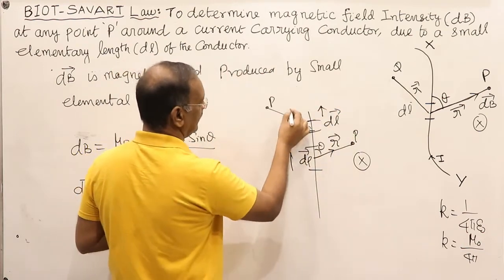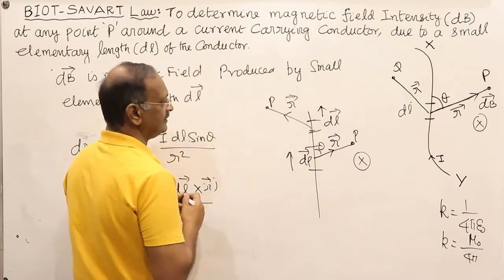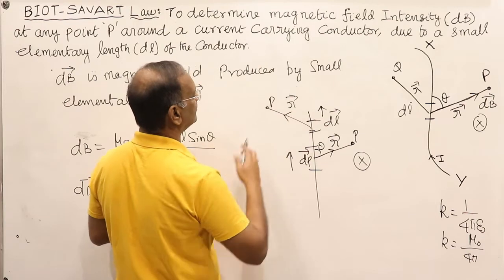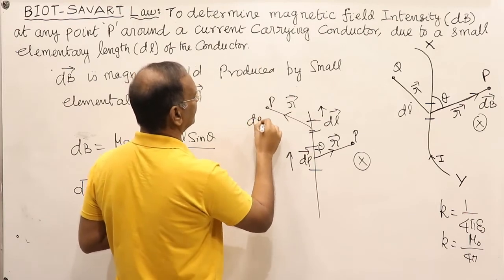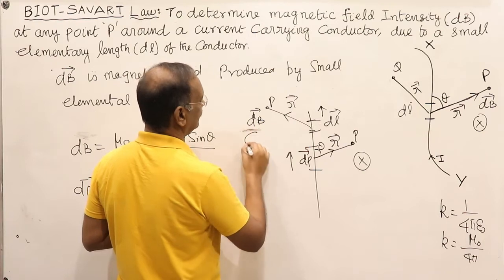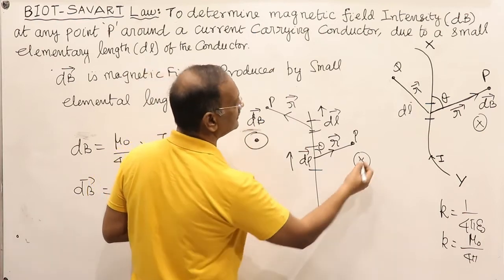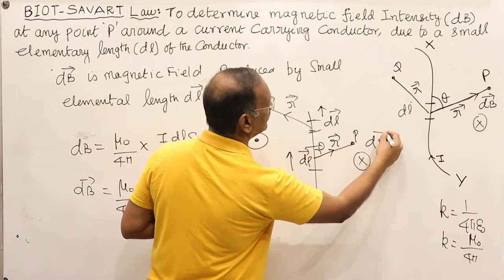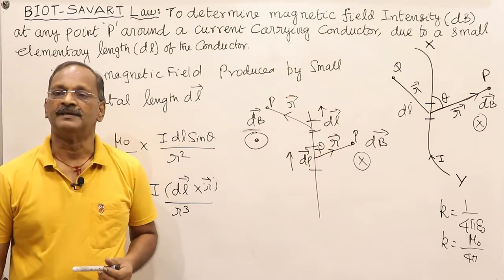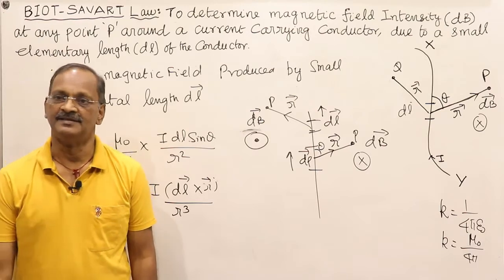This is the r vector in this direction. So right hand palm rule, dl vector to r vector, outward. So here the dB vector is outward. Here, dB vector is inward. This we have to remember as far as the Biot Savart law is concerned.